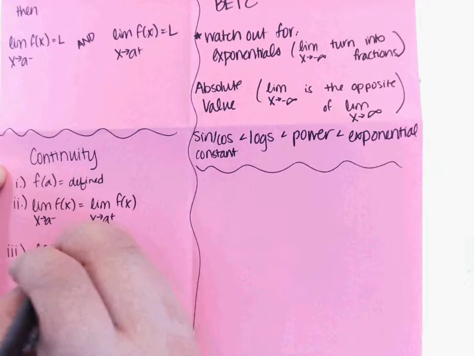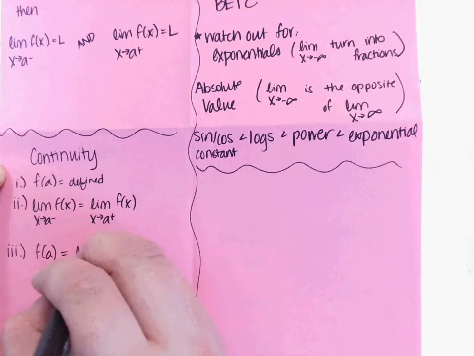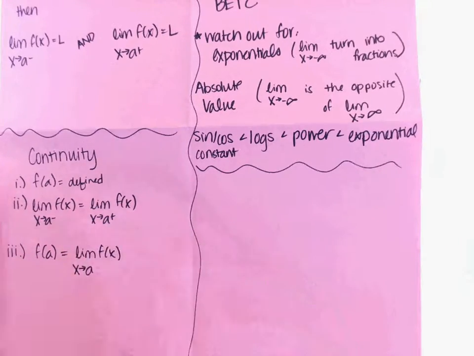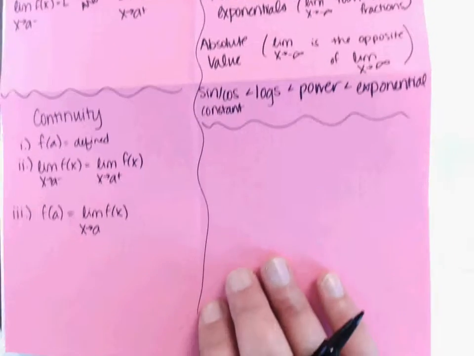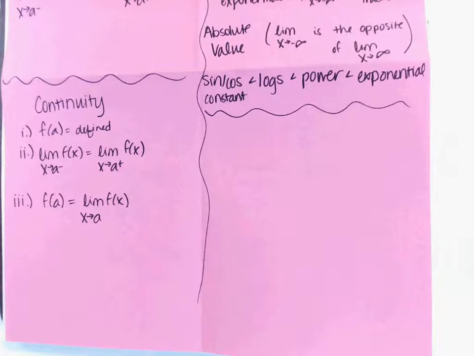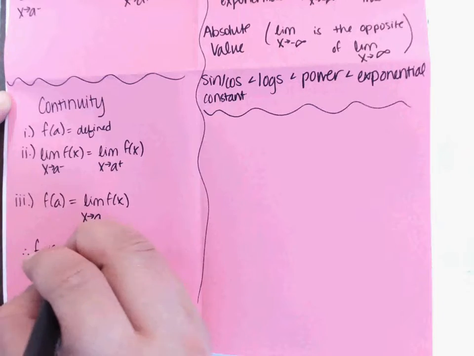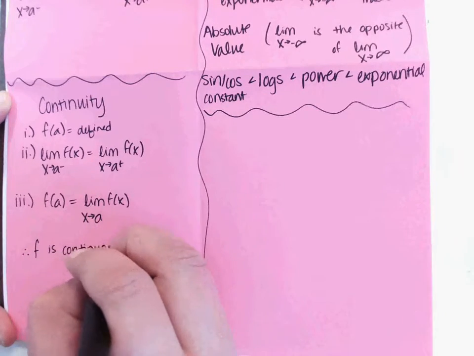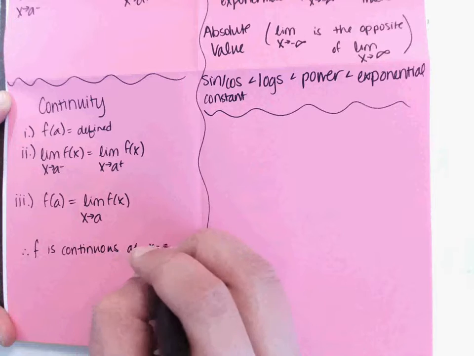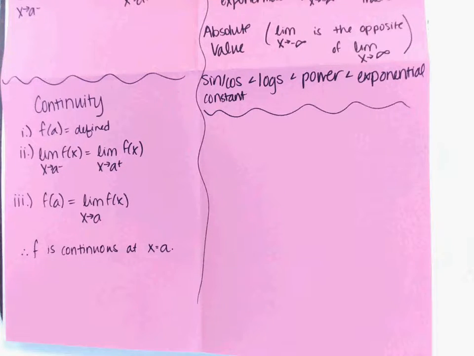So f of a has to equal whatever the limit is as x approaches a. If that is true, therefore, f is continuous at a. So a is the x value that you're checking to see if it's continuous.